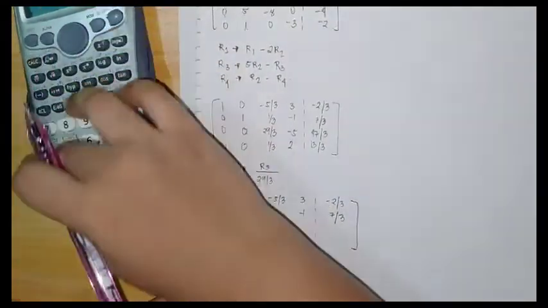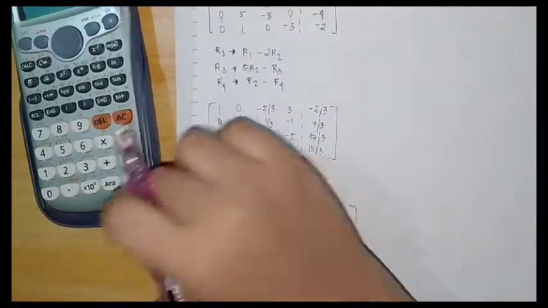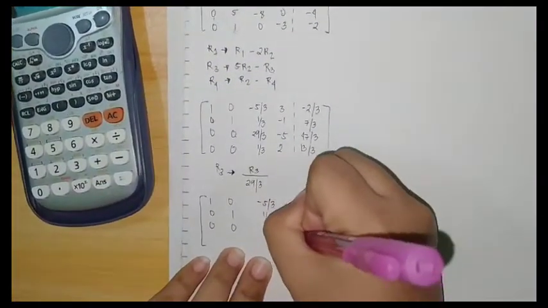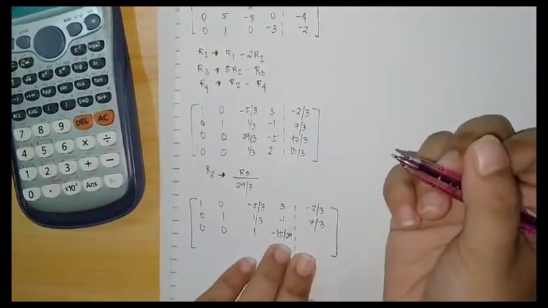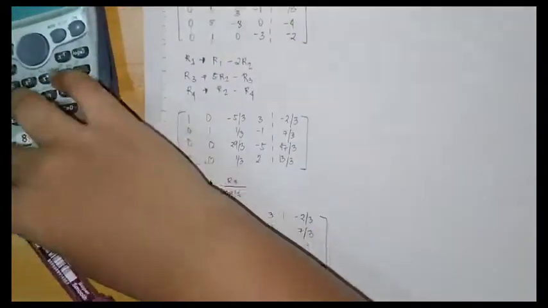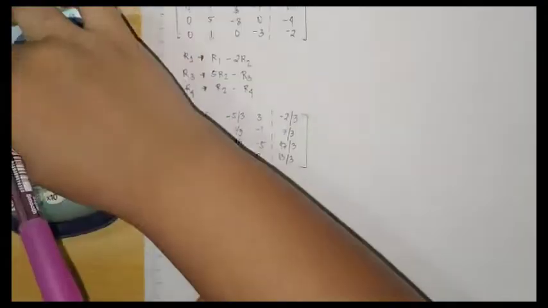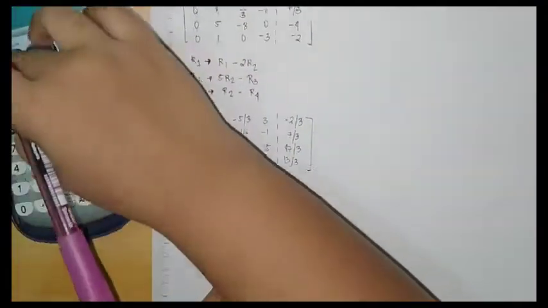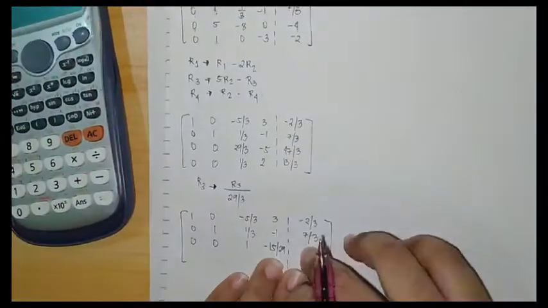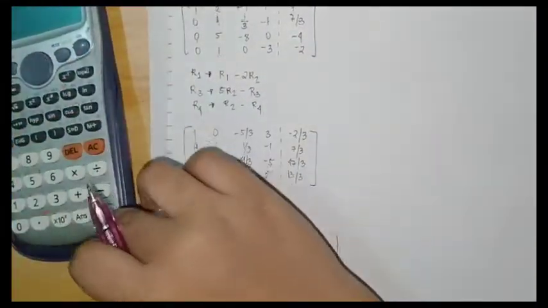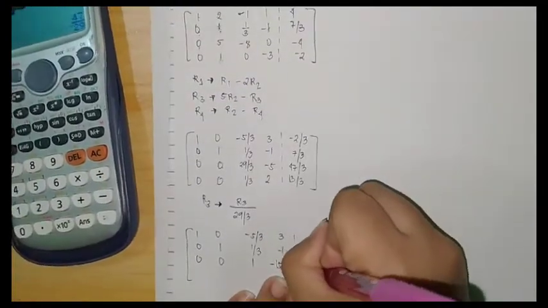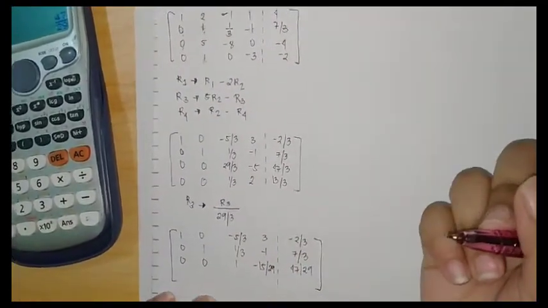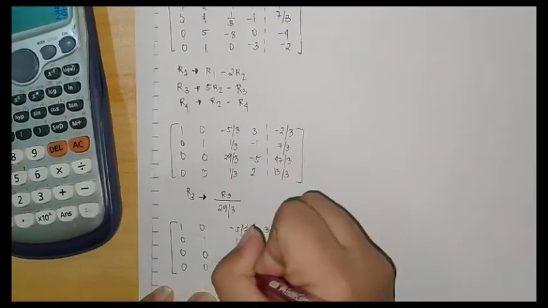And then negative 5 divided by 29 over 3, we have negative 15 over 29. And for this, 47 over 3 divided by 29 over 3, we have 47 over 29. So row 4, copy row 4.